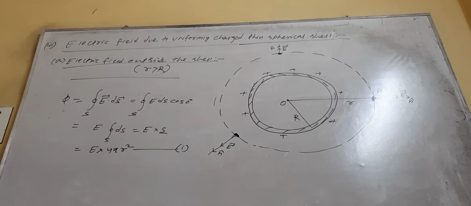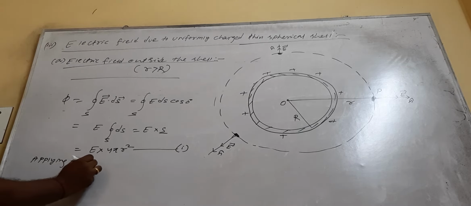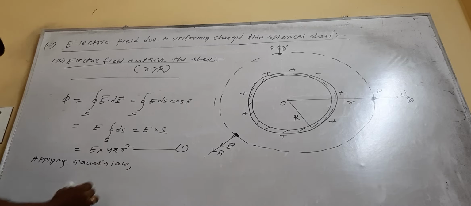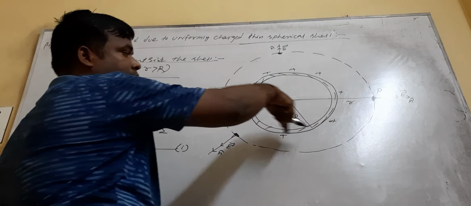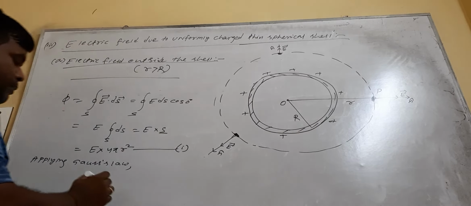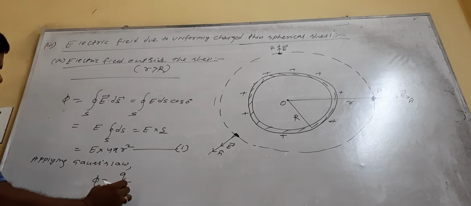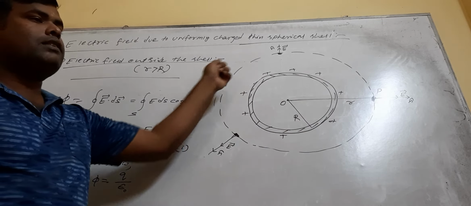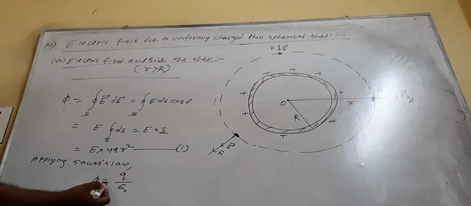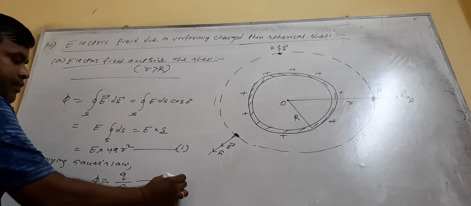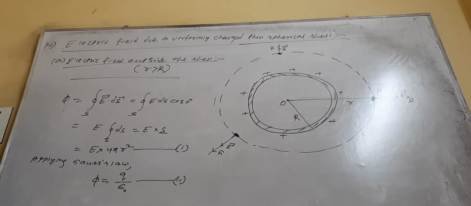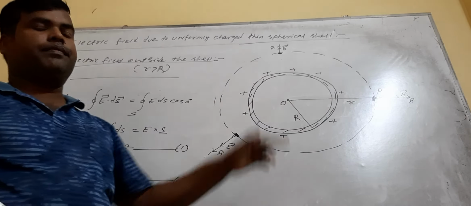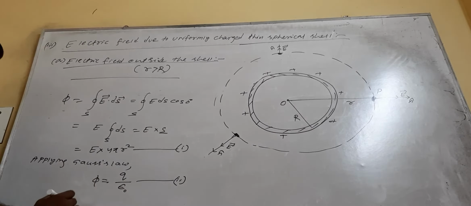Now apply Gauss law. Consider the net charge on this shell is Q. So phi is equal to Q by epsilon 0, since the whole charge is within this Gaussian surface, where Q is the net charge on the spherical shell.